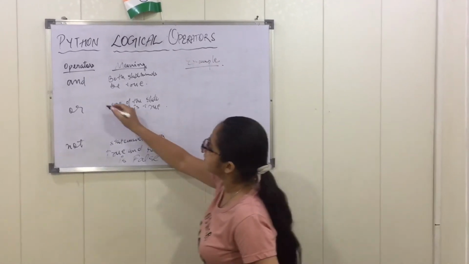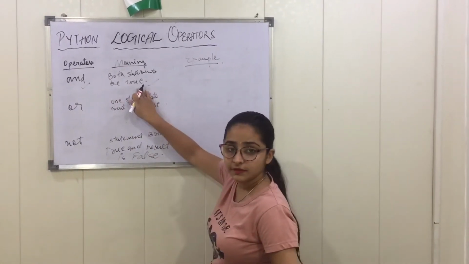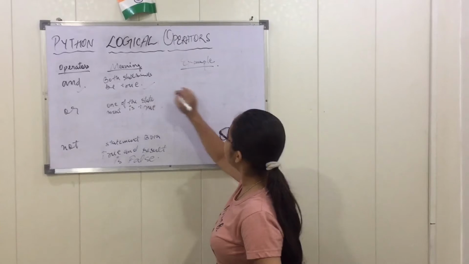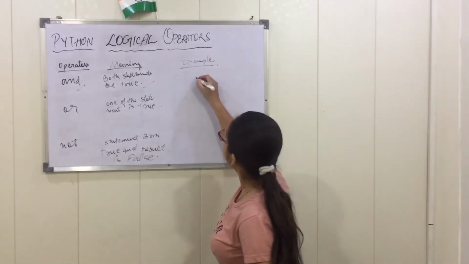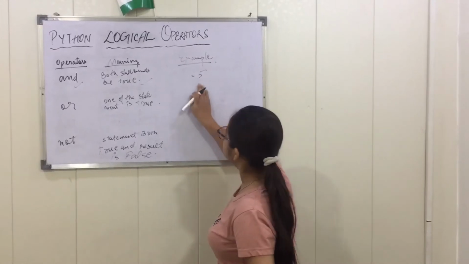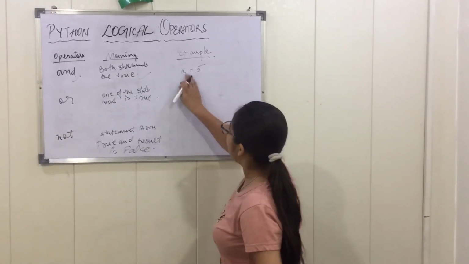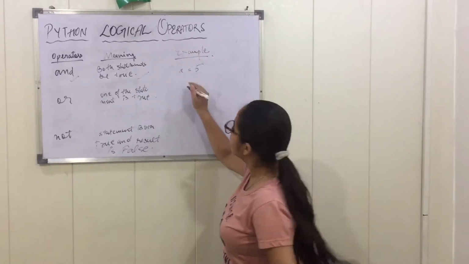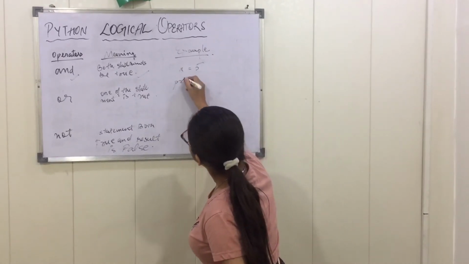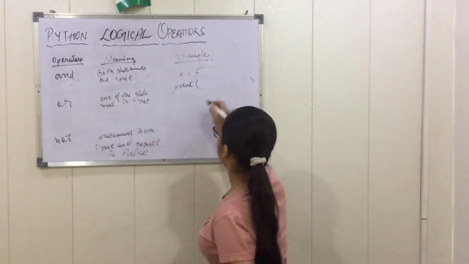First of all we are discussing the example of the AND operator, where both the statements should be true. First, we'll take a value. Suppose I am taking the value 5, and I'll give it a variable name, x. After that I'll use a print function in which I use the AND operator.